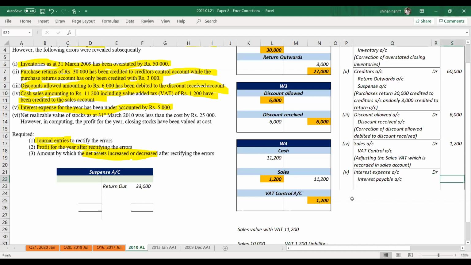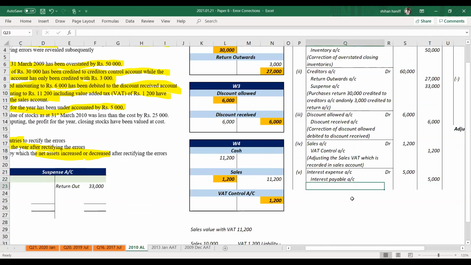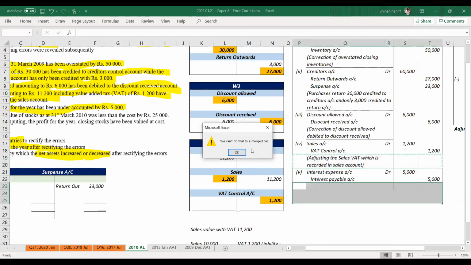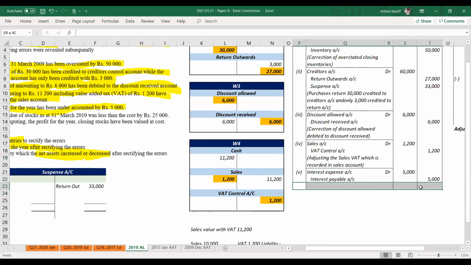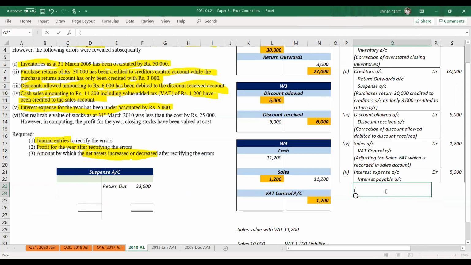A liability should be created for the interest, for the under accounted interest of 5,000.